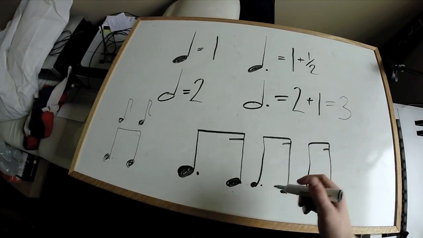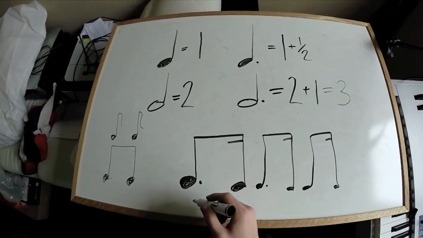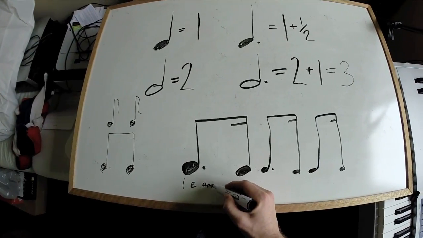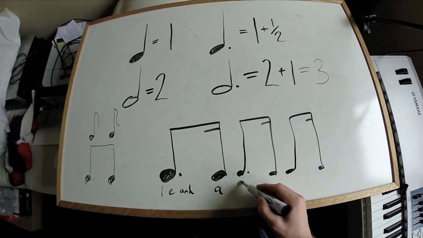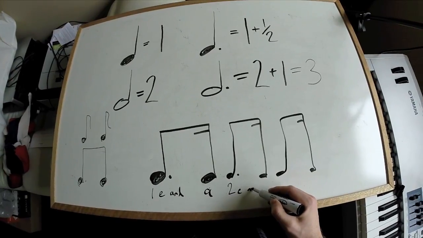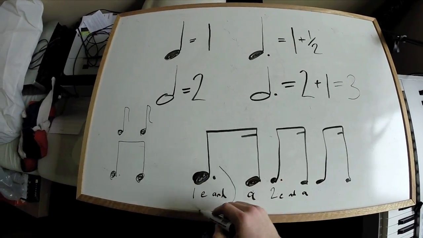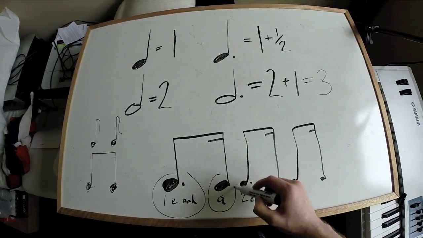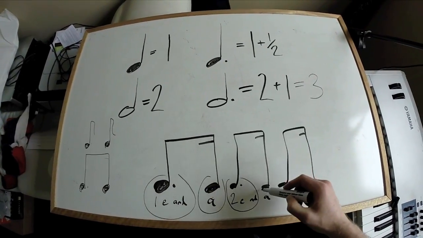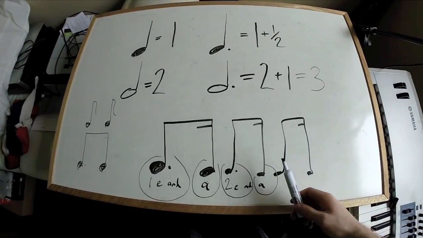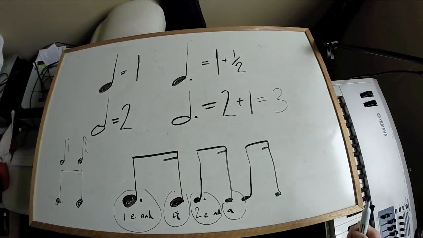So I hope you get the idea that this is 1 e and 2 e and, so the 1 e and kind of gets this much, and the rest gets this much. Then eventually you just start to feel it. 1 e and 2 e and 3 e and 4 e and something like that.